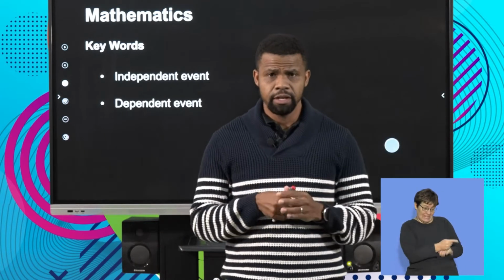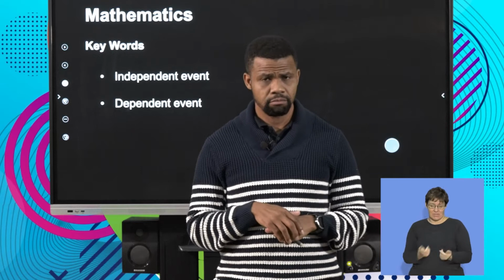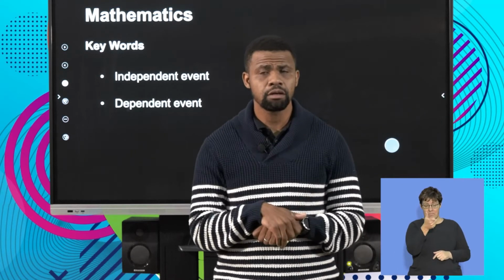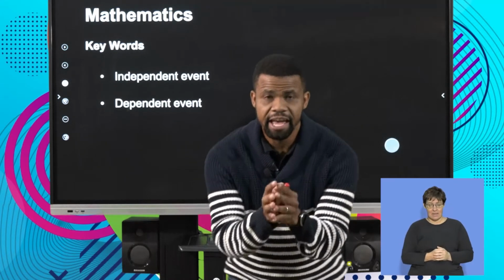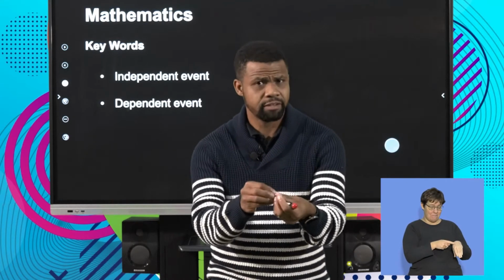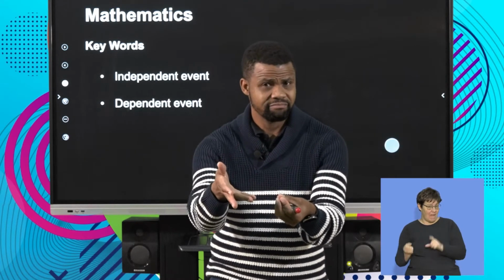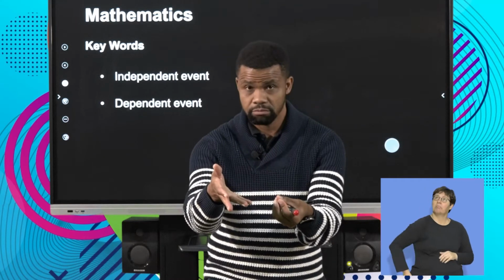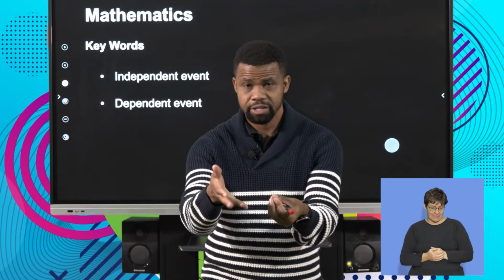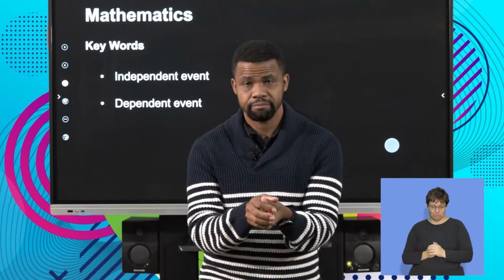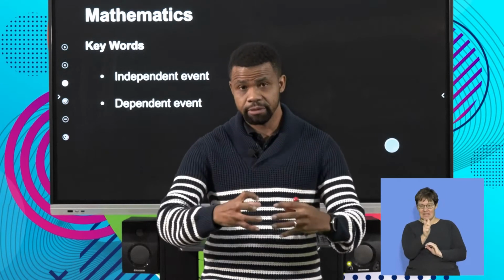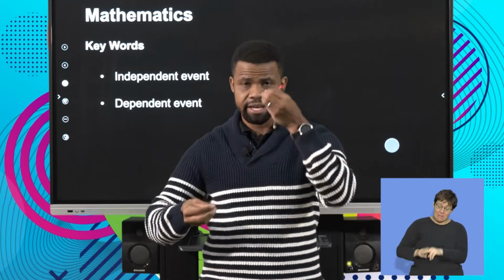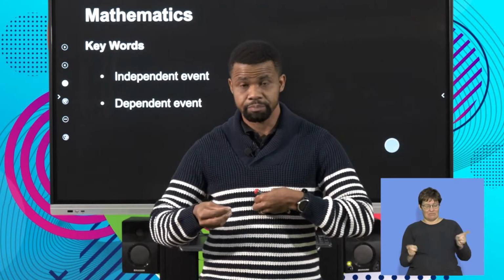Let's look at flipping a coin. If I flip a coin, I get head or tail. Me getting head now, does it affect the next outcome? No, it's not. Are we all together? It's not affected by that. Okay, so we'll look at actual examples later when we look at dependent and independent events. Okay.